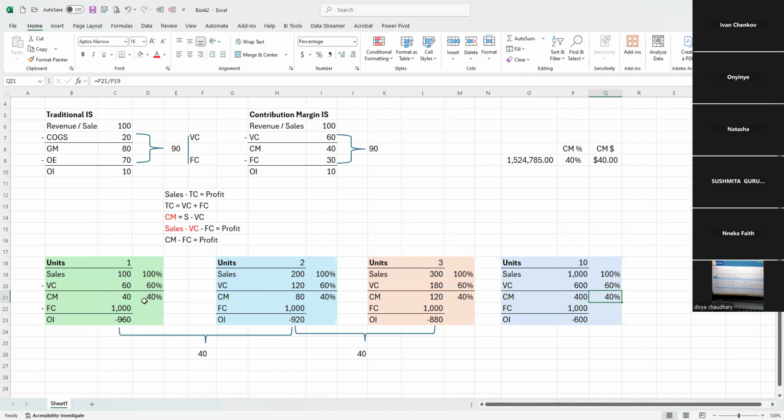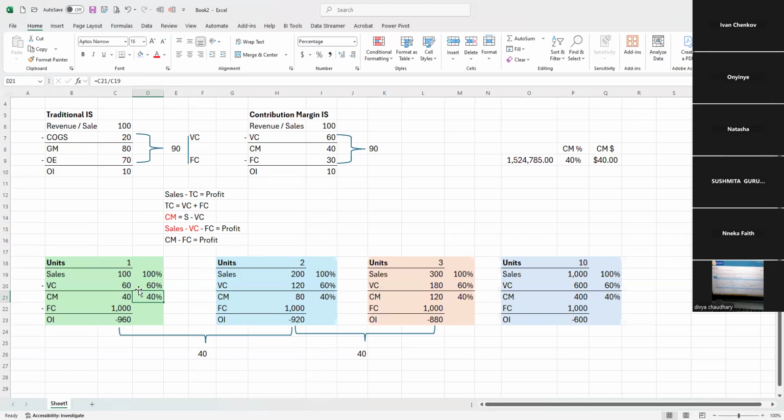So how can I interpret this 40%? The contribution margin of 40% tells me, for every dollar of sales, how much is going to stay in my pocket: 40% of that dollar, which is 40 cents.